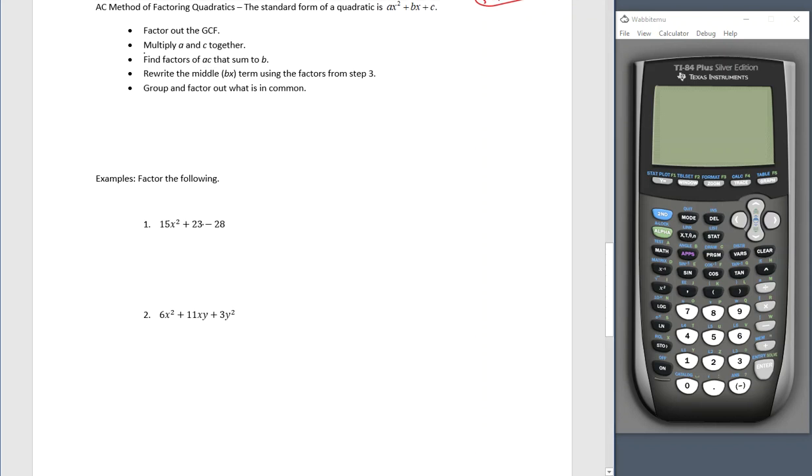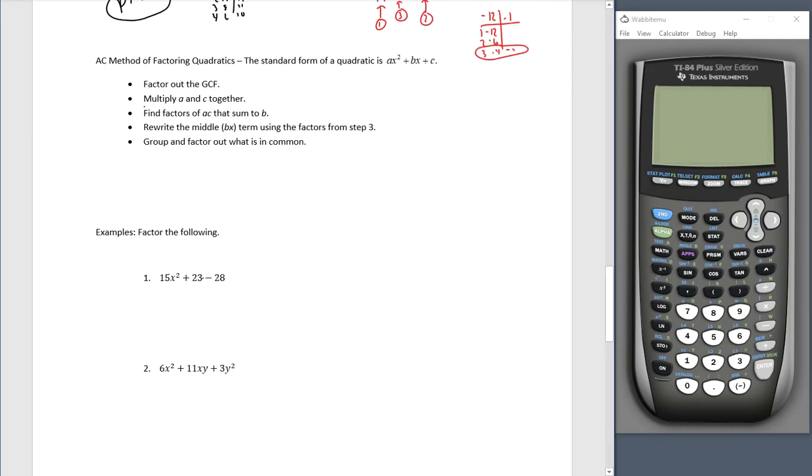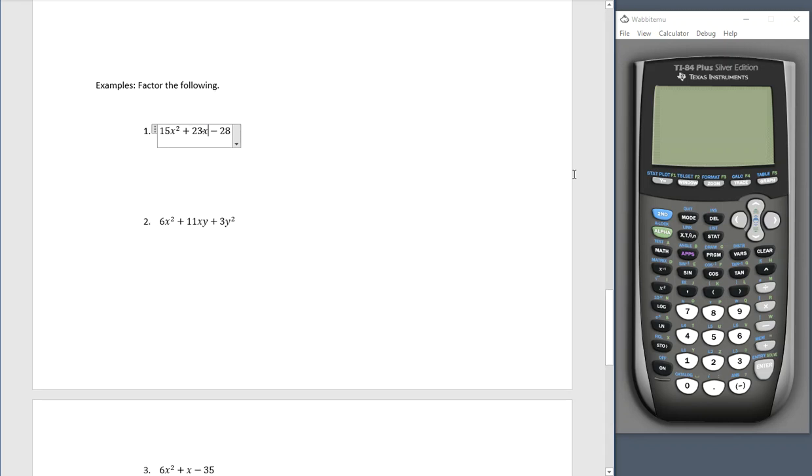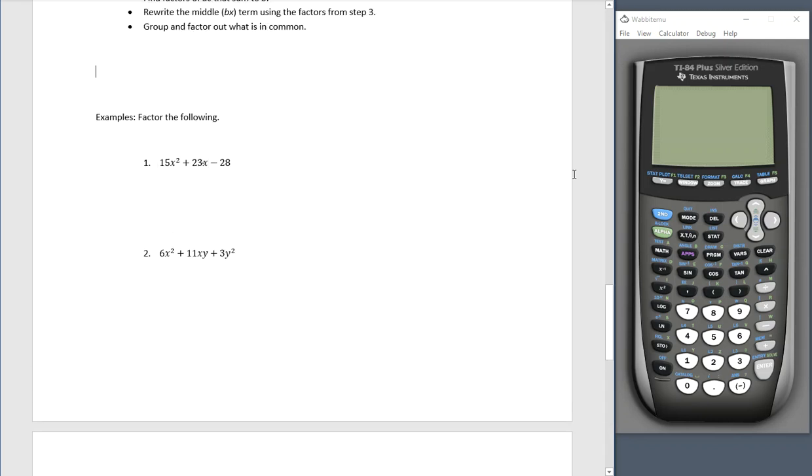I'm having difficulty with my cursor, because that's what happens sometimes in the middle of a recording. I noticed that there was no x in this particular problem. So let's throw in a variable and see if we're able to actually factor it now instead of it being a non-example.